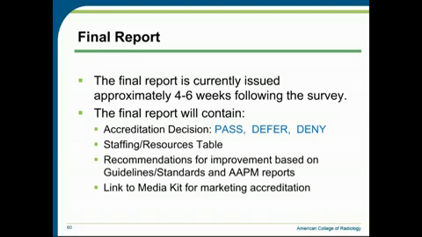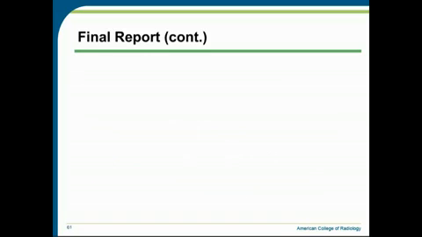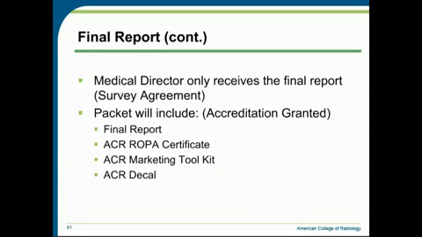So the final report will provide you the grade of accreditation, your recommended staffing levels, your recommendations for improvement for guidelines, and if you've been accredited, a link to the media kit. And I'll explain that again here. The only person that receives the report is the medical director, who's the one who signed the survey agreement.